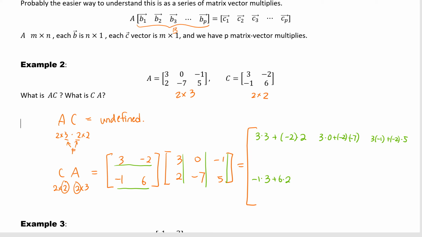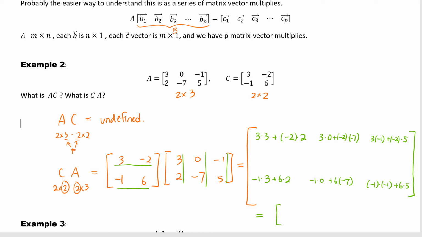Okay, for the second entry, we use the second row of C multiplied by the second column of A. Minus 1 times 0 plus 6 times minus 7. Then last entry, we use the second row of C multiplied by the third column of A. So minus 1 times minus 1 plus 6 times 5.